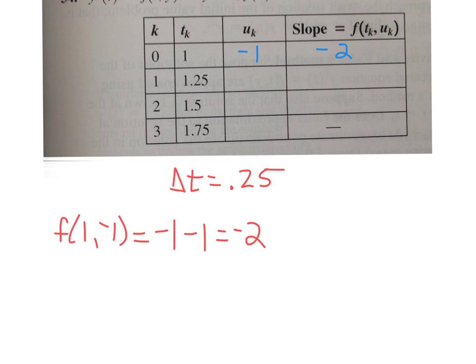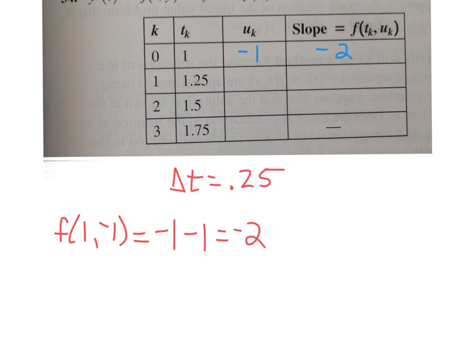Now we're moving on, and we want to find our next Euler's approximation. That's going to be u sub 1. I like writing it out like this because it helps me understand what I'm doing.